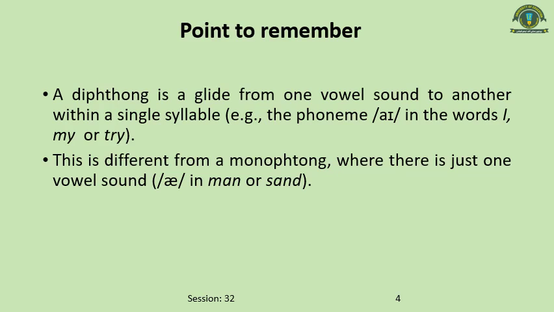There is no glide from one vowel sound to another. Not at all. If you say E, I, whatever the sound, you name it, there is no glide from one vowel sound to another. So a diphthong is different from a monophthong, where there is just one vowel sound.